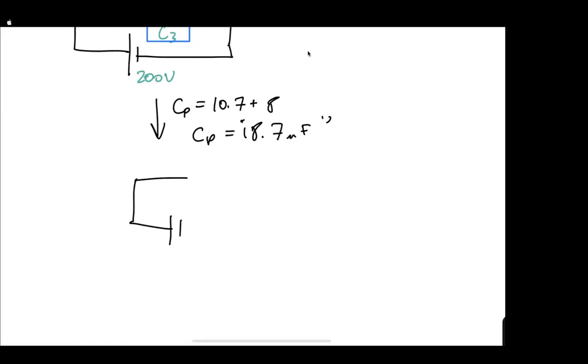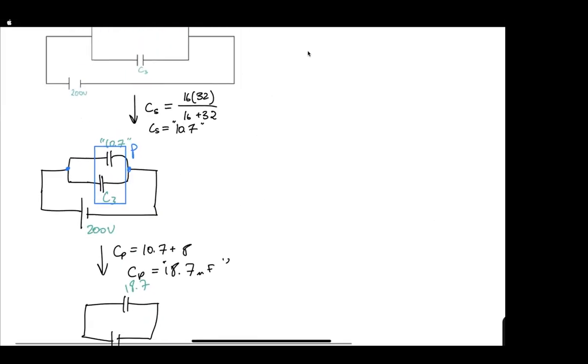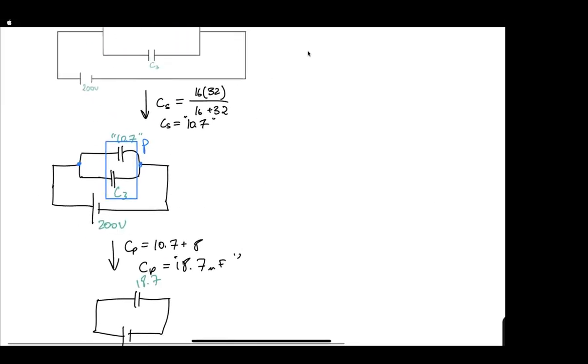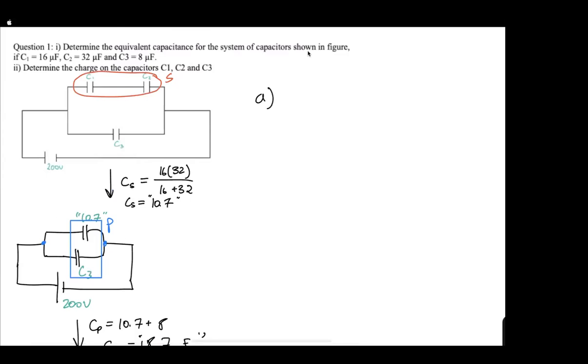Actually, I'll just draw it for the sake of working through this. We have that 18.7, and this is our 200. And therefore, our equivalent capacitance, we simplify this as far as we can go, CEQ is equal to that 18.7.